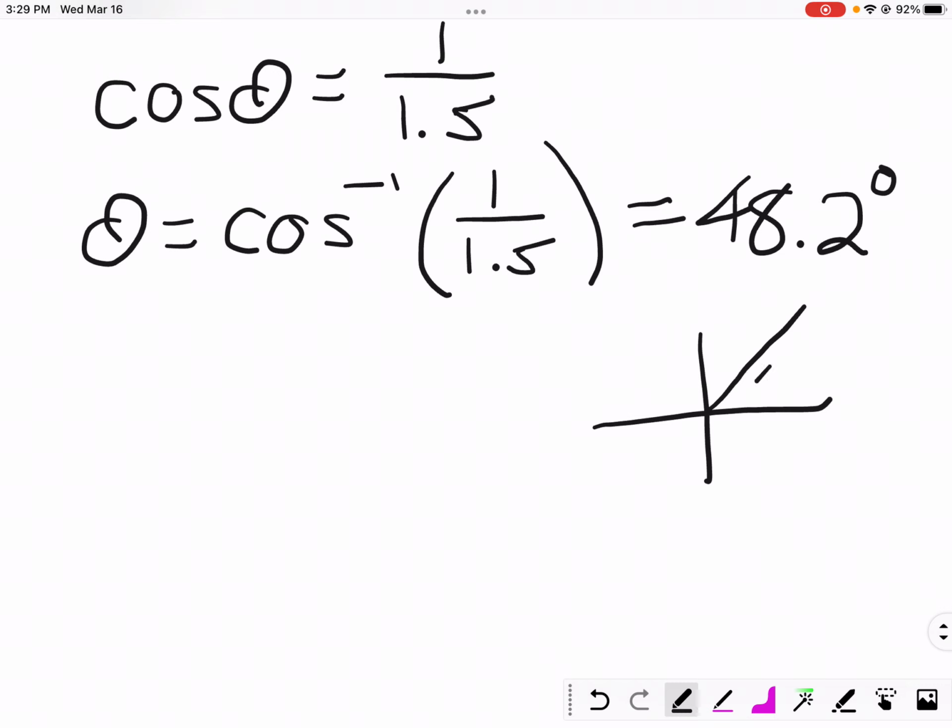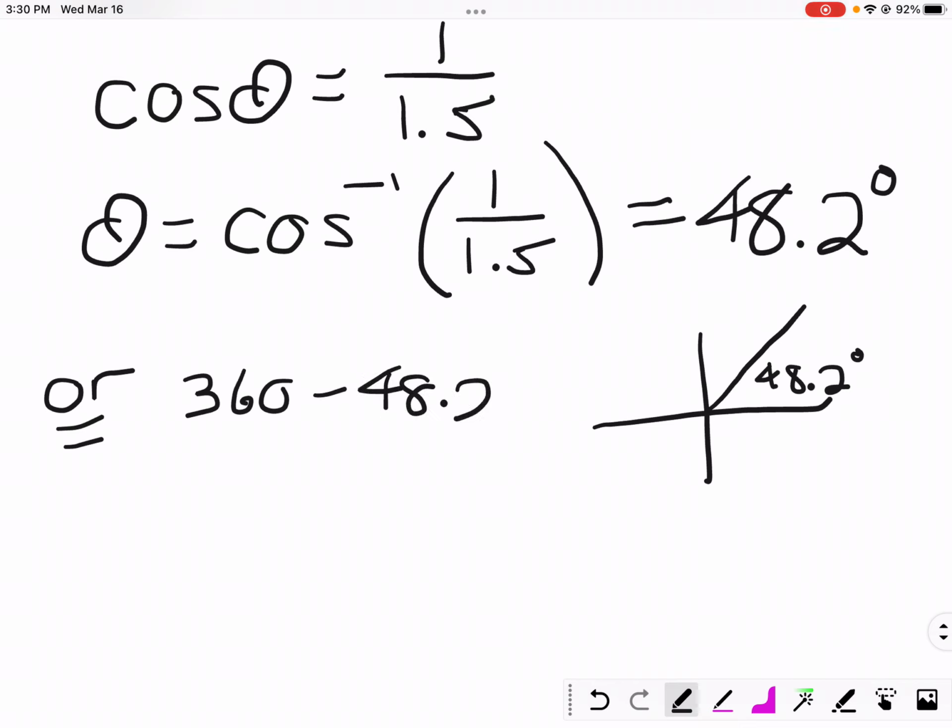There's the 48.2 degrees. The formula says either negative of that angle or 360 minus that angle. I'm going to write 360 minus that angle, which is going to give, I believe, 311.8 degrees.